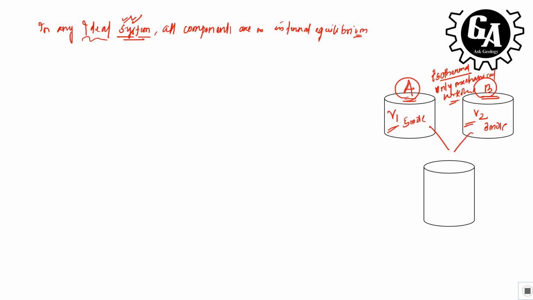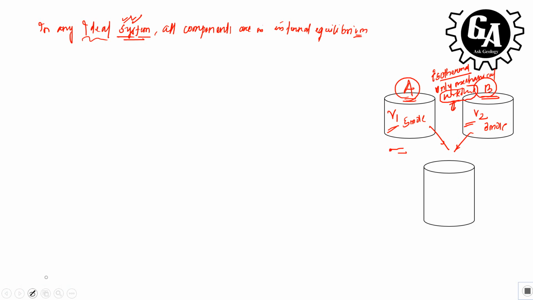If they react chemically, then some work will have to be done in that chemical reaction. That would be chemical work, but it is mentioned that all the work done is mechanical. How mechanical? Because these two are miscible, but they are not reactive when they mix. And during the mixing process, let me use some different colors.